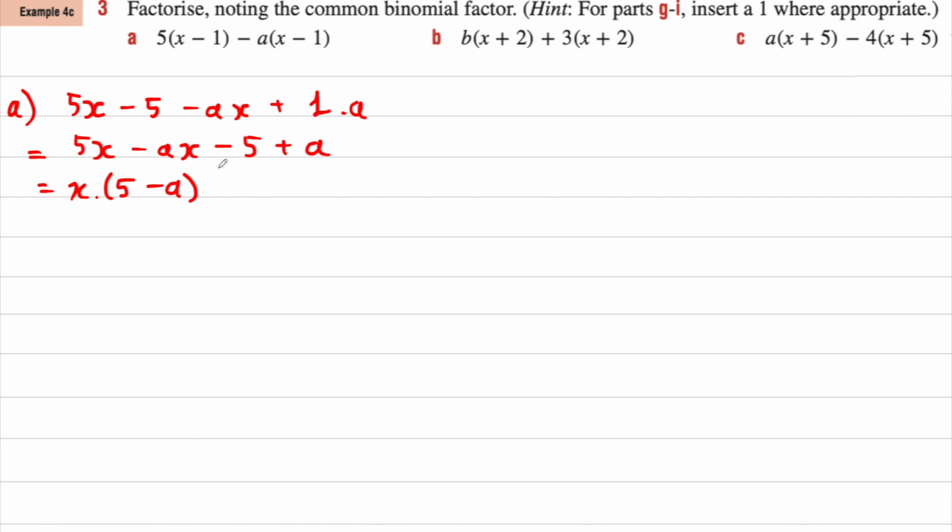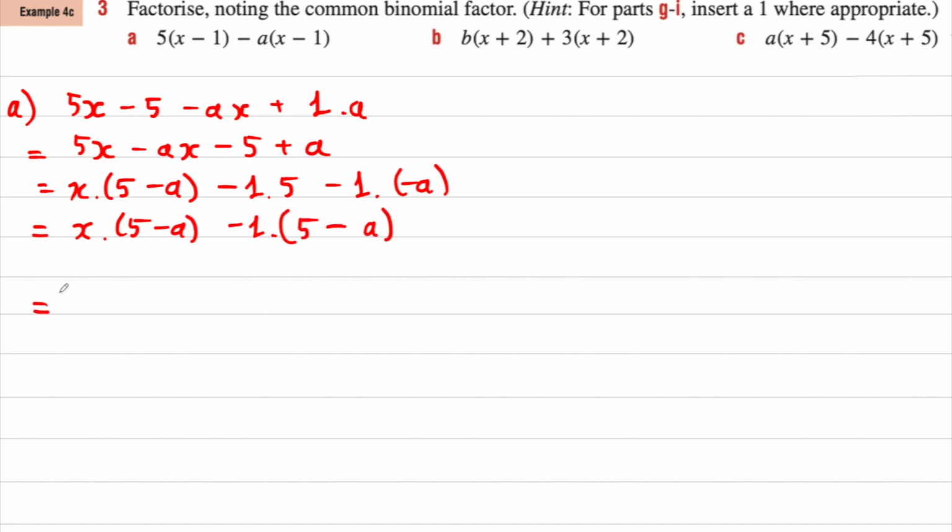Let me make it a little clearer: minus 1 times a equals minus 5, and minus 1 times minus a gives plus a like here. Then I take minus 1 outside, and inside the bracket you got 5 minus a. So after this step, the bracket 5 minus a is the common factor, and h minus 1 will be my answer for this question.